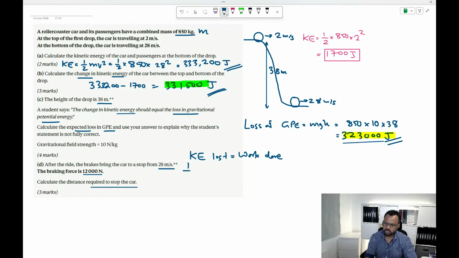So kinetic energy lost is half, m is 850, and the velocity is 28 squared, equal to work done, which is force times distance. We know the force is 12,000 newtons, so I'm going to write 12,000 times d.